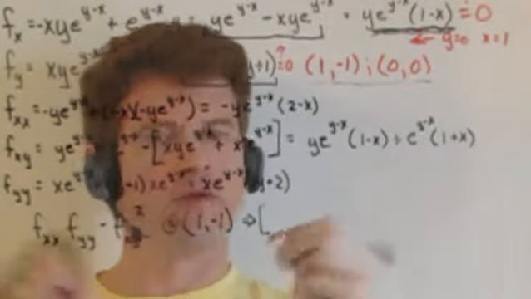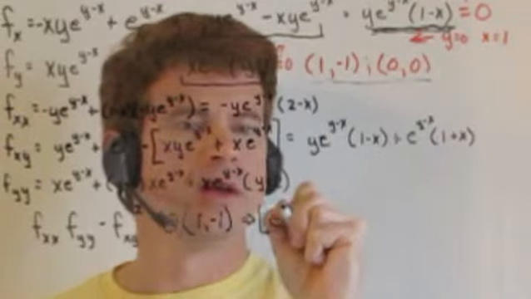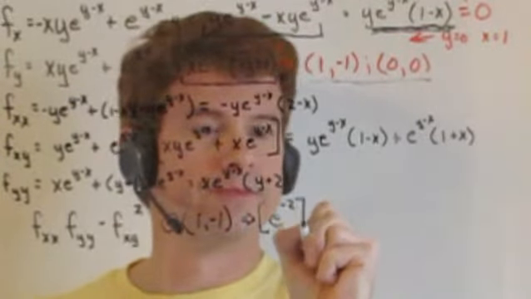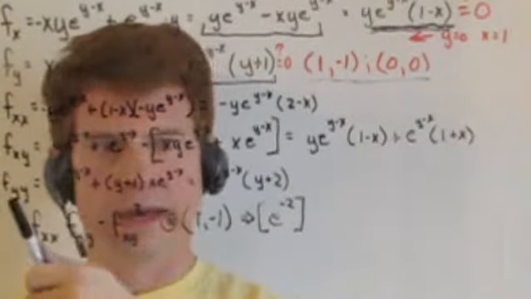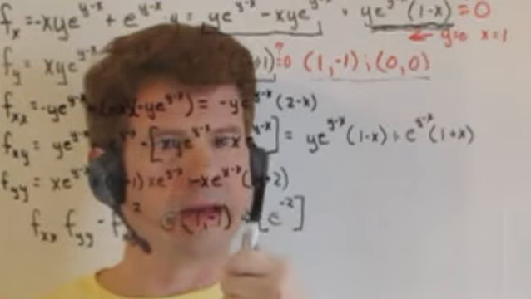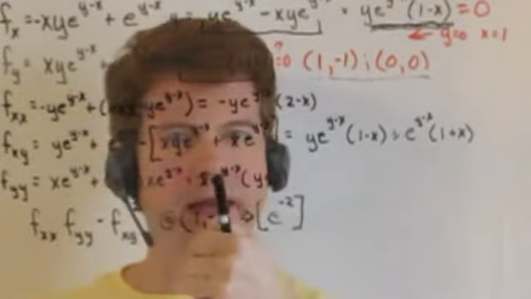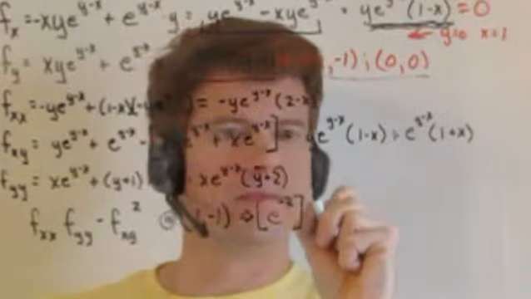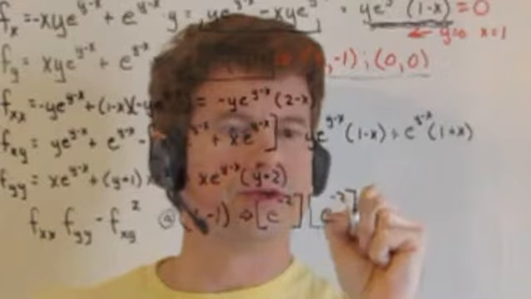That's going to be negative 1 minus 1, so that becomes e to the negative 2. And then times fyy evaluated at this point. We've got y is minus 1, so that becomes 1. x is 1. And so now we have e to the y minus x again, which is going to be e to the negative 2.